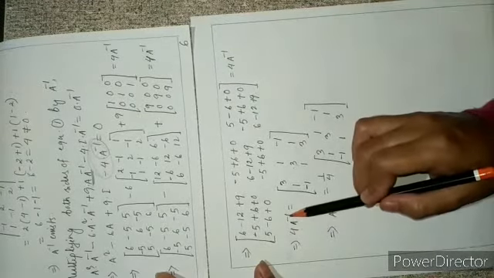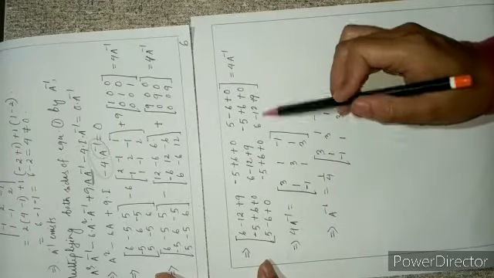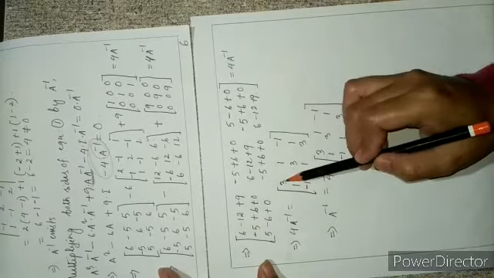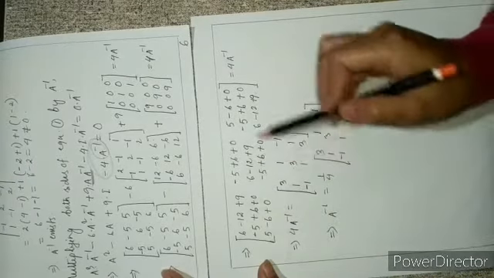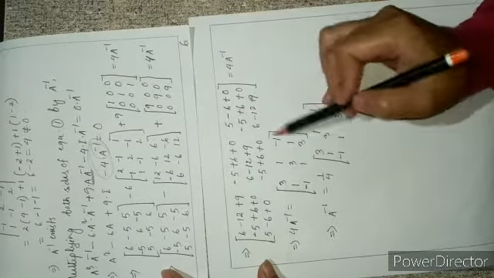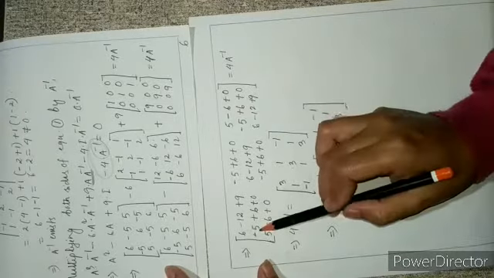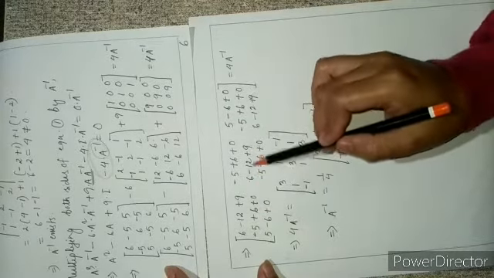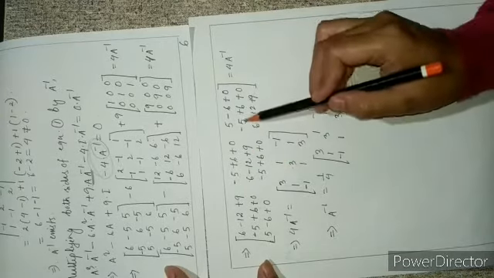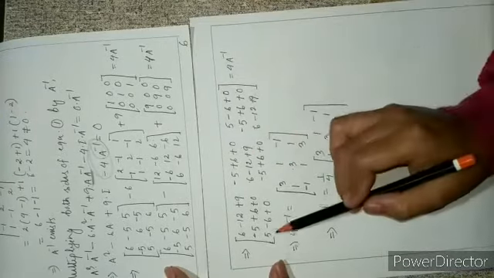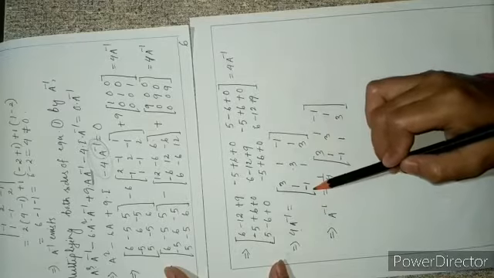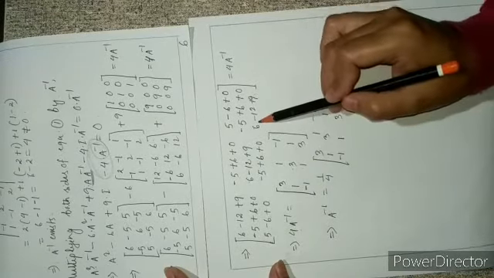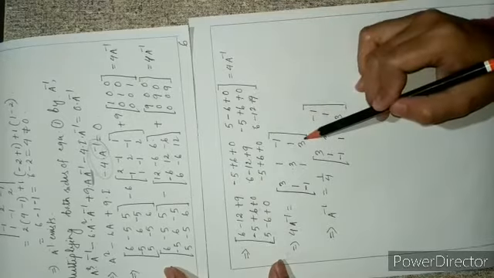Write this for A inverse, then find the sum of these expressions. 9 plus 6 is 15, 15 minus 12 is 3, minus 5 plus 6 is 1, 5 plus minus 6 is equal to minus 1, minus 5 plus 6 plus 0 is plus 1, 9 plus 6 is 15 minus 12 is 3, minus 5 plus 6 is 1, and 5 plus minus 6 is minus 1, minus 5 plus 6 is plus 1, 9 plus 6 is 15 minus 12 is equal to 3.